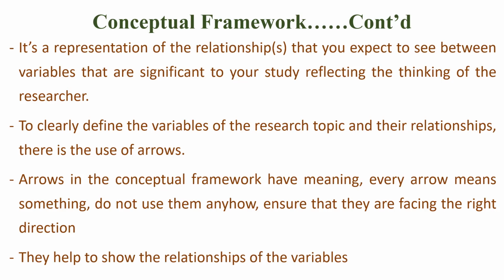So even as you draw the arrows, always remember that they do have meanings and they can easily help to explain the relationships or confuse the person that is reading altogether. So we need to be careful about those. They also help to show the relationship between one variable and the other.